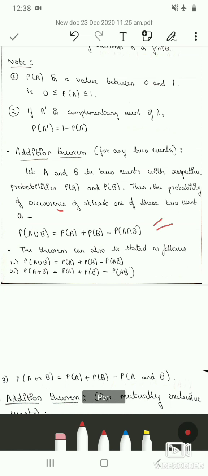This theorem can be stated as probability of A union B is equal to probability of A plus probability of B minus probability of AB. So AB is nothing but A intersection B, and union we can write as A plus B. Therefore, probability of A plus B is equal to probability of A plus probability of B minus probability of AB.